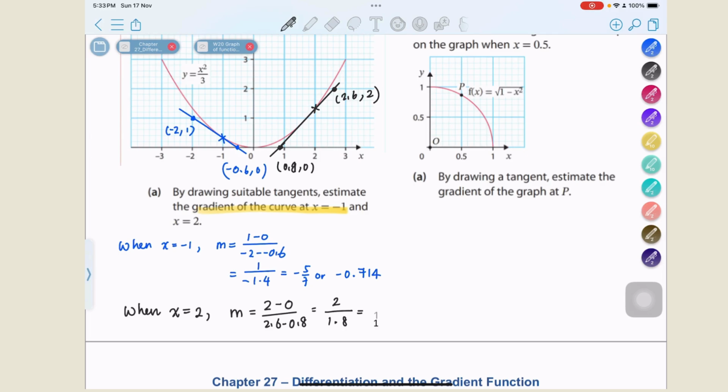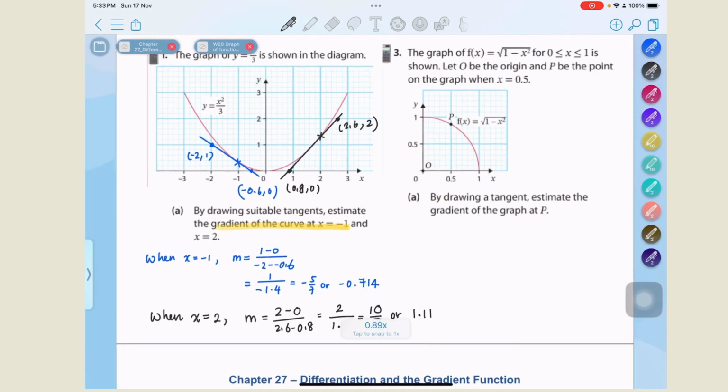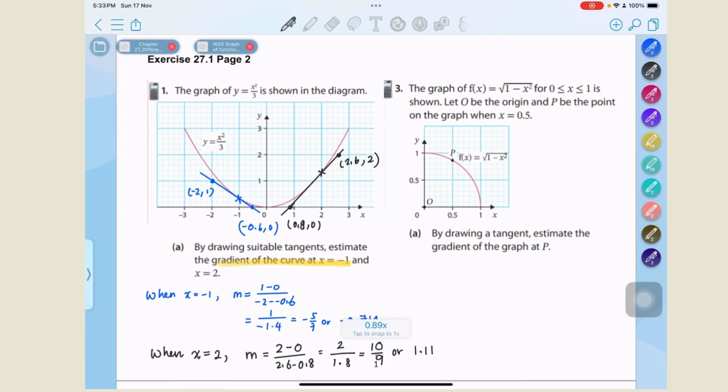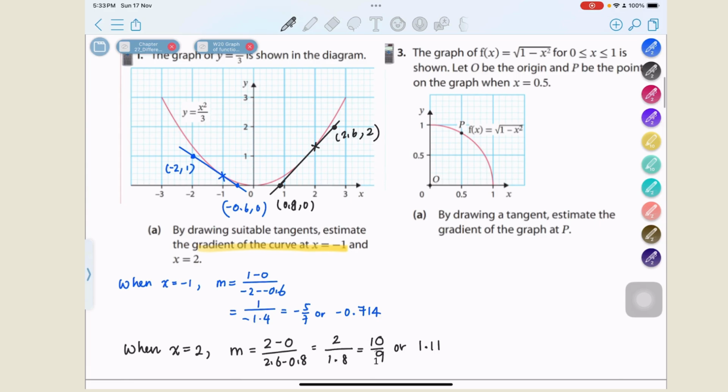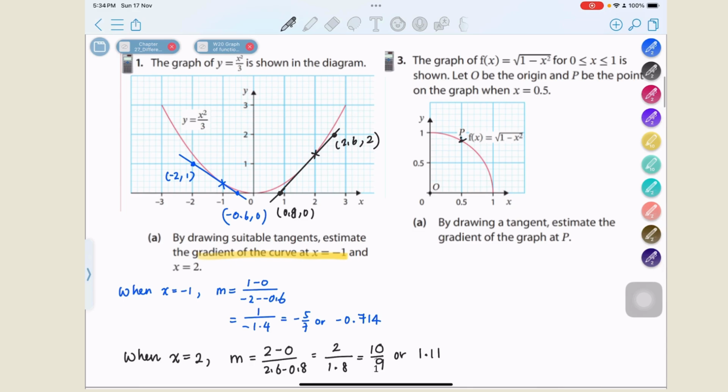When I work it out, I get my answer 10 over 9, or I can give my answer as 1.11. This is one example of how we find the gradient of the curve by drawing a tangent to the curve. Next, I want you to try to find the tangent to the curve for question 3 by yourself, and you can check the answer at the back.